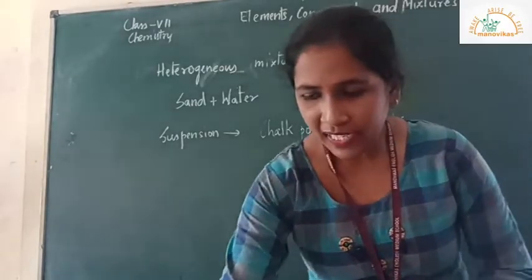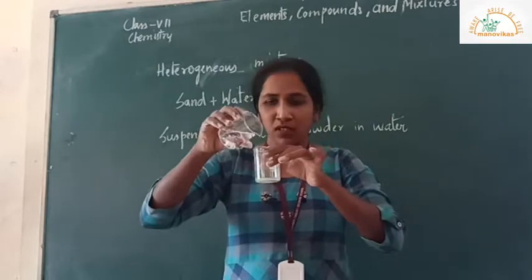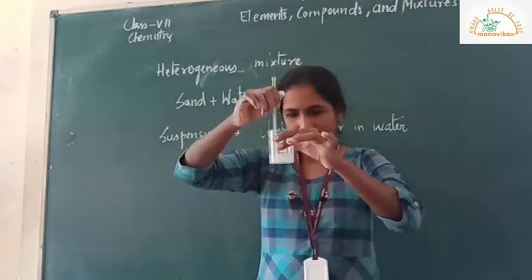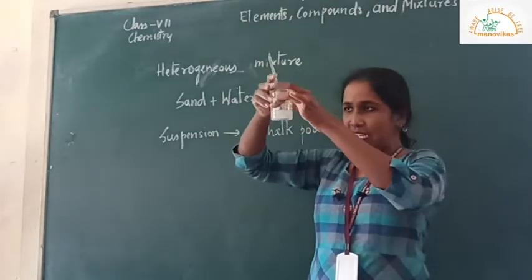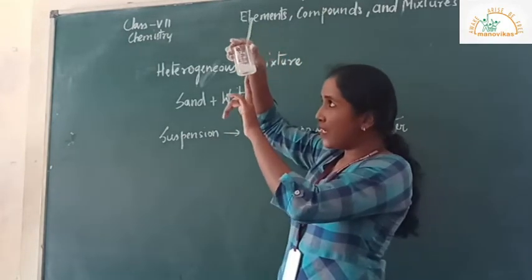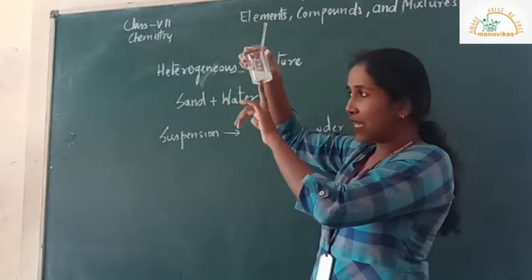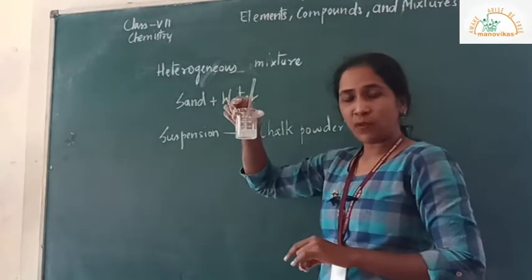When I add water to the chalk powder, what is happening? The chalk powder is not getting dissolved completely and you can see at the bottom that the chalk powder is getting settled. Okay, so this is an example of suspension.